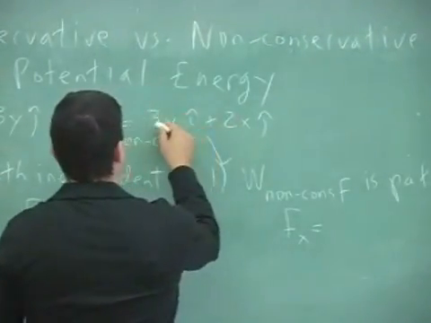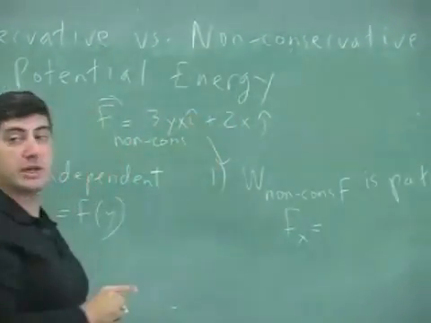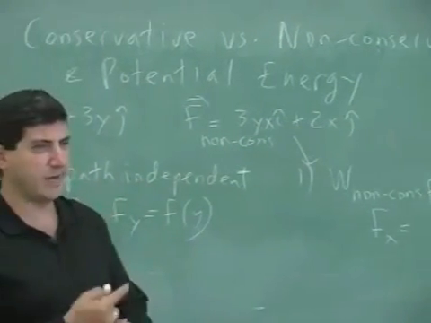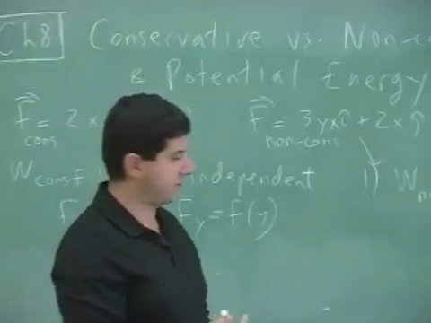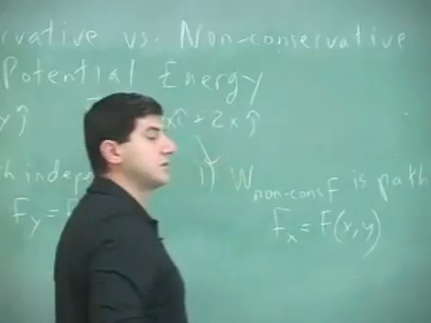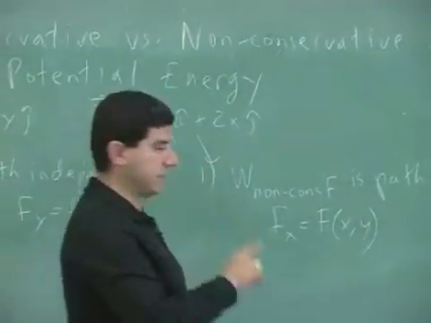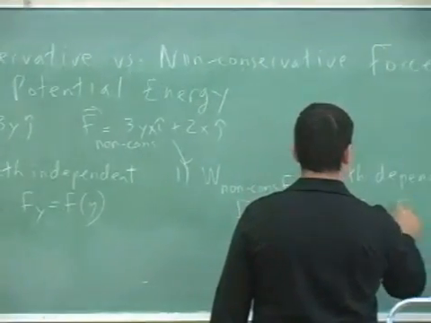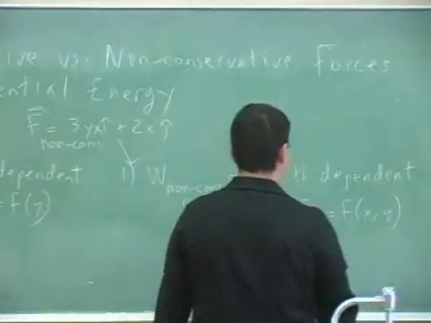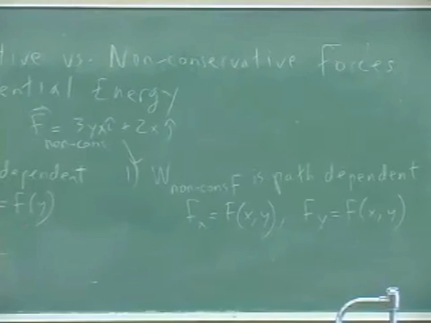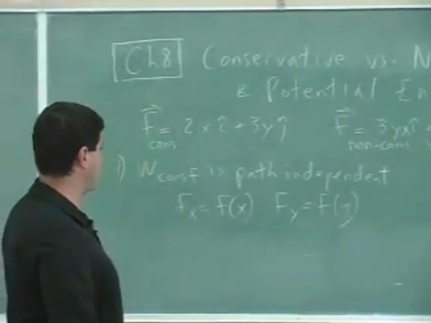Or it could also have 3yx. It could also have an x and y dependence, but as long as it has a y dependence, it's non-conservative. So Fx could be a function of x and y, it's still non-conservative, as long as it has some y dependence. And then Fy has a dependence on x. If Fy has a dependence on x and Fx has a dependence on y, if the variables are switched, then that makes it non-conservative.